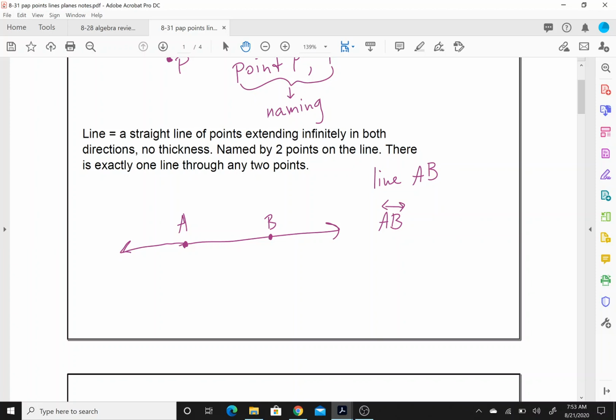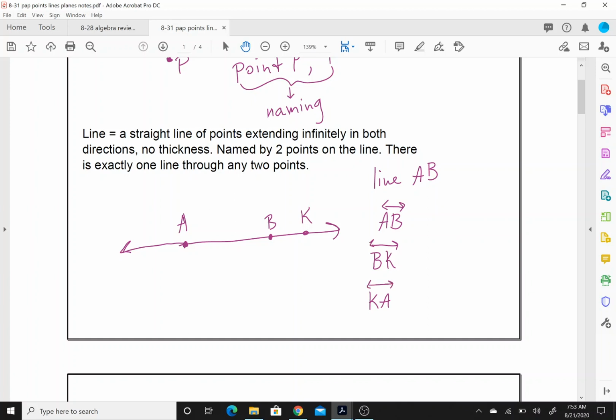Now, a line doesn't only ever have 2 points on it. Sometimes you'll get a line that only has 2 points marked, but there could be a third point over here. This could be point K. So another way we could name this line would be line BK, or we could call it line KA.